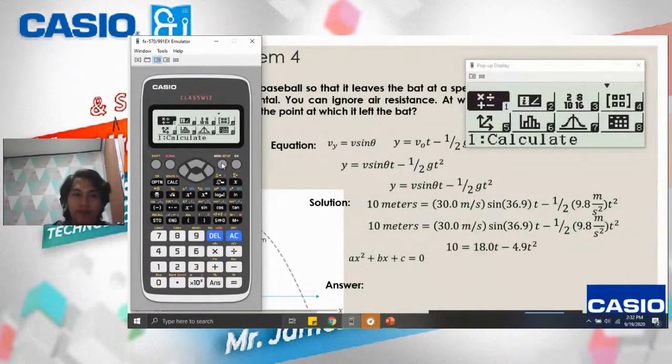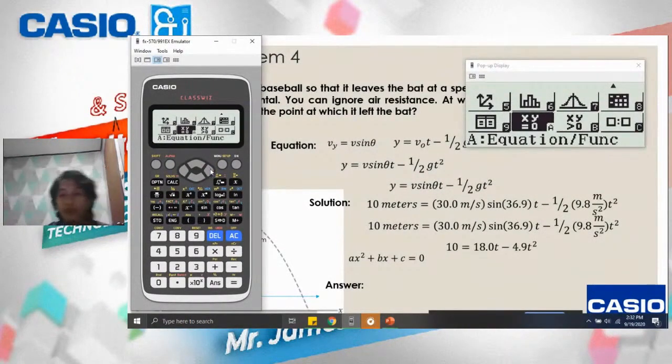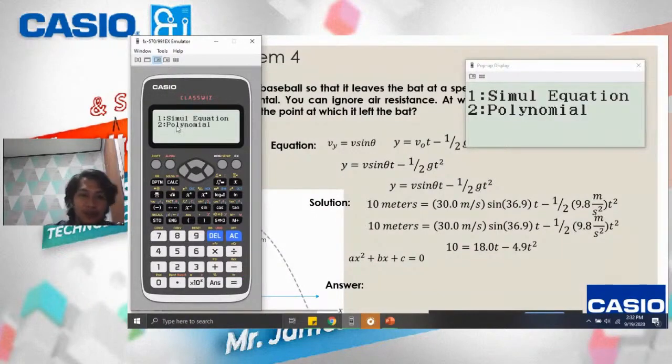So, menu, then we are going to look for equation. We can just press equal. Simultaneous equation or polynomial.